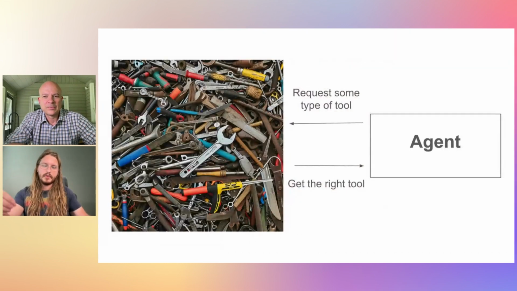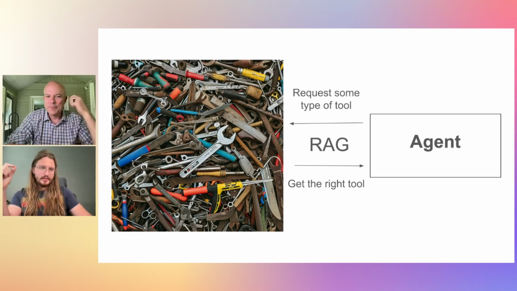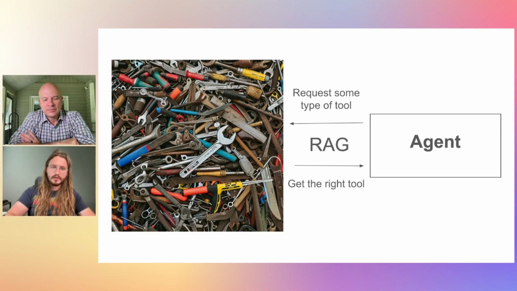What you can kind of do is, if you can't tell the agent about all your tools, you can have the agent request a type of tool that it might want and then get back that tool, which can be done with RAG. So not only are the tools themselves RAG, you can build a retrieval engine for retrieving tools that are described textually. Yep.